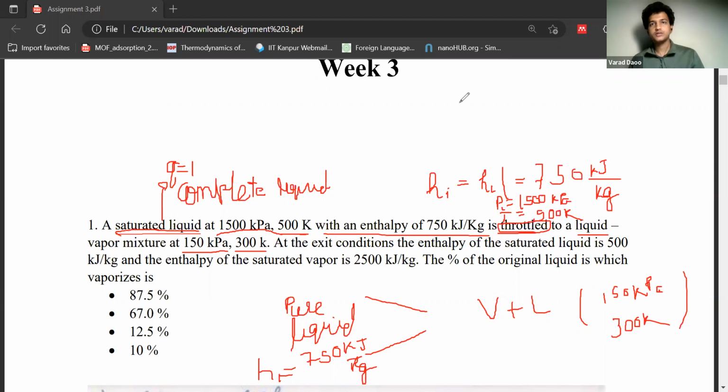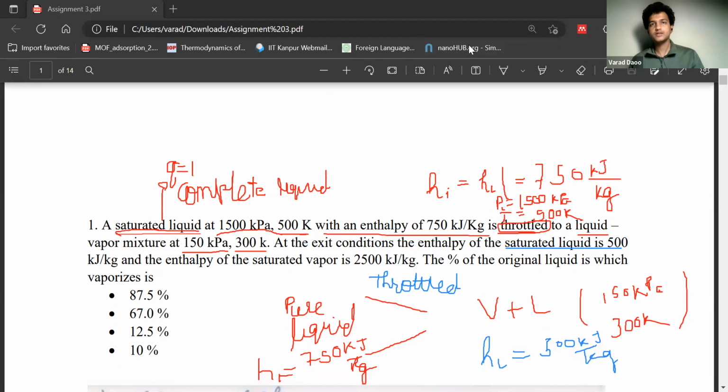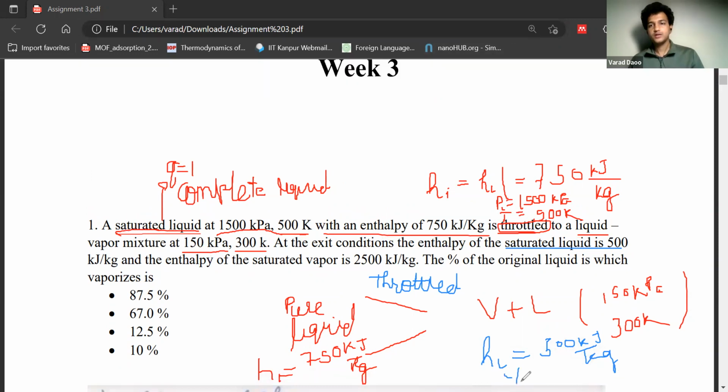At this state, the enthalpy of the saturated liquid is given as 500 kilojoule per kg, and the enthalpy of vapor, HV, is given as 2500 kilojoule per kg.